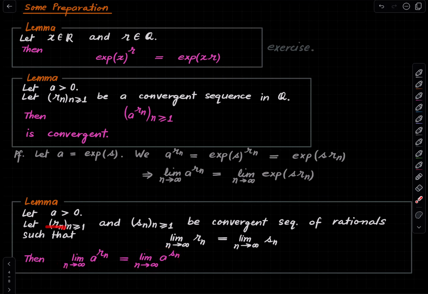So if you take two different sequences of rationals with the same limit, the exponentiated sequences also have the same limit. And the proof of this is just what we wrote here, nothing new. The proof is an exercise, but it has already been done. If you just look at this, this will be clear.